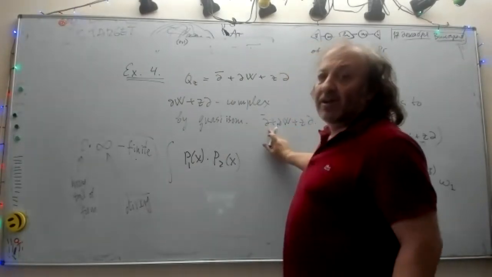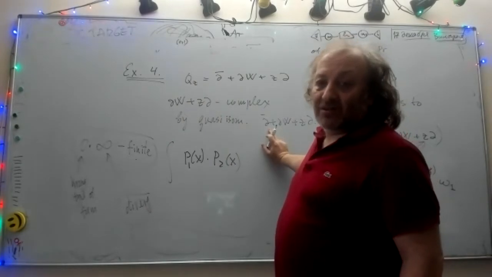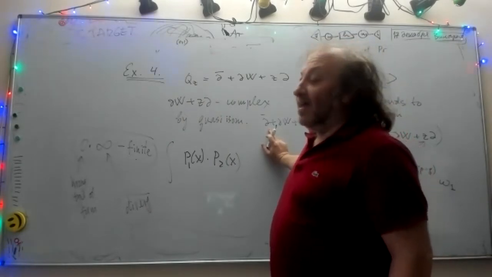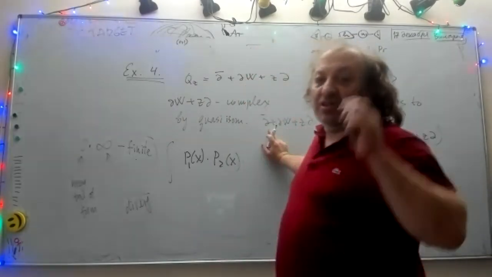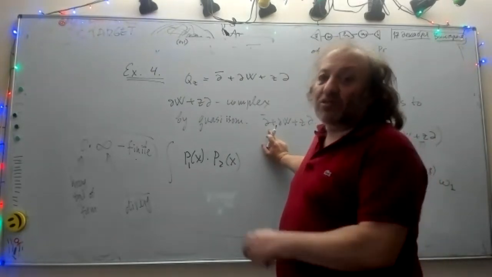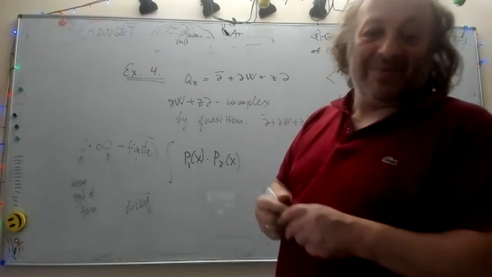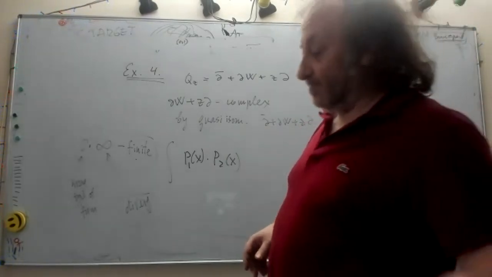If d bar has no cohomology, so on affine spaces. If the space is not affine, we need to think what to do. So I'm not covering all possibilities. I'm trying to tell you what I think happens.